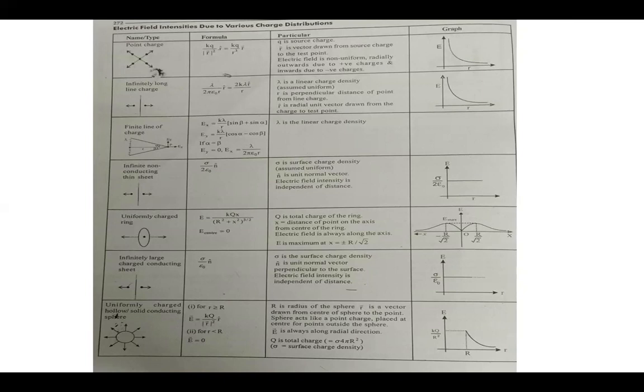The first one we are looking at is the point charge. For a point charge, the electric field E is equal to K, you know that is 1 by 4 pi epsilon naught, Q divided by R cube into vector R. The graph decreases exponentially. So E is inversely proportional to R.